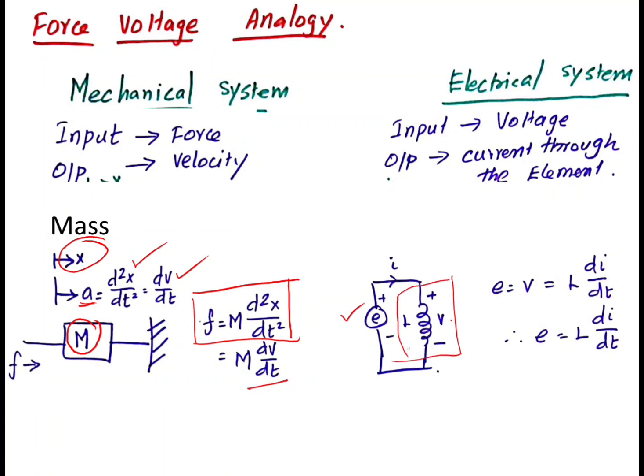Now the voltage equation using Kirchhoff's voltage law: E is equal to V, this applied voltage is equal to the voltage across the inductor, which is equal to L into the rate of change of current di by dt. So simply we can write the applied voltage E is equal to L into di by dt.